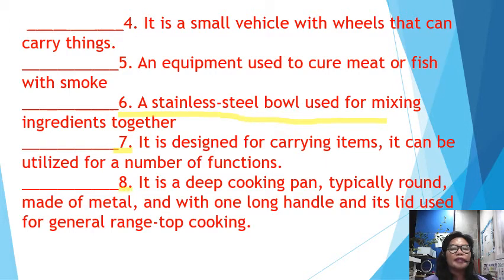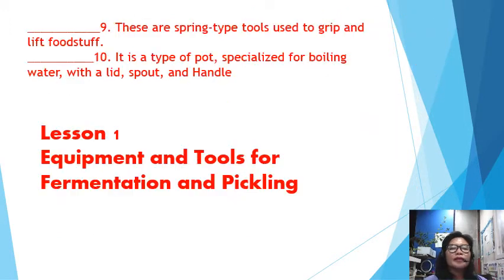Number 8, it is a deep cooking pan, typically round, made of metal, and with one long handle and its lid, used for general range top cooking. Number 9, these are spring type tools used to grip and lift foodstuff.